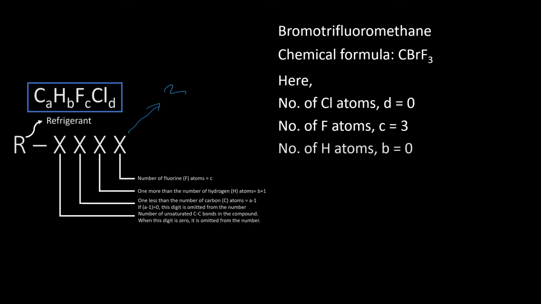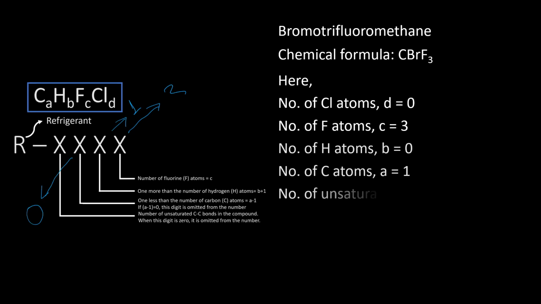The compound has no hydrogen atoms, which makes the second digit from the right equal to 1. The compound has 1 carbon atom, thus the third digit from the right is equal to 0. Also, the compound has no unsaturated carbon-carbon bond, so the fourth digit from the right is also 0.